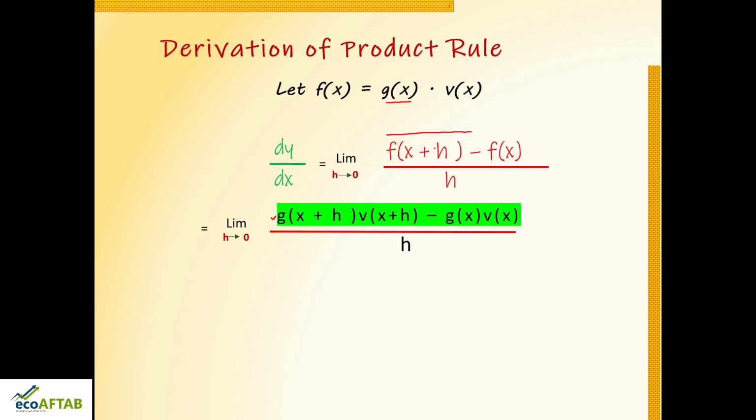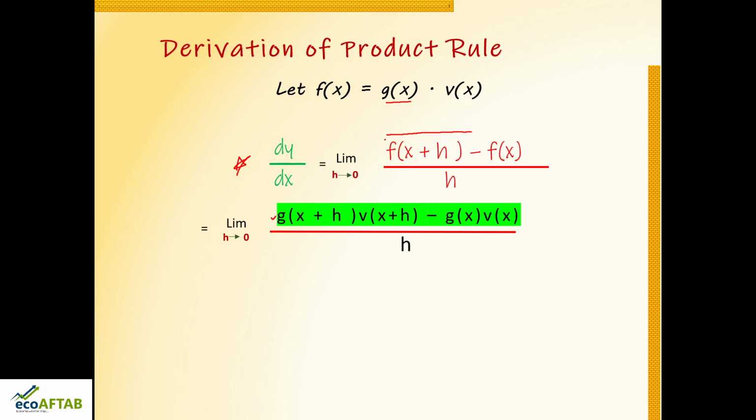Similarly, for v of x also we are having v of x plus h, and here, instead of f of x, we are having g of x into v of x. That is the only difference that we can see. So, the formula is the same. In the main formula, there is only one function in dy by dx. Here we are having two functions. So, this is the way we rewrite the above formula.